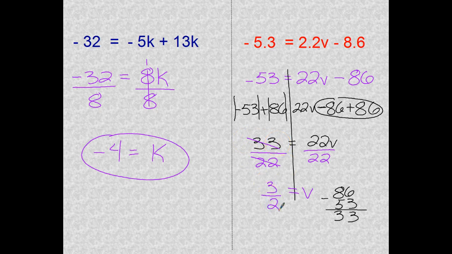So you have an improper fraction of 3 over 2, but if I were to simplify that, let's put it back into decimal form, 3 divided by 2 is equal to 1.5 or 1 5/10. I like to put it back in the form of the way we started. So we have 1.5 equals V.